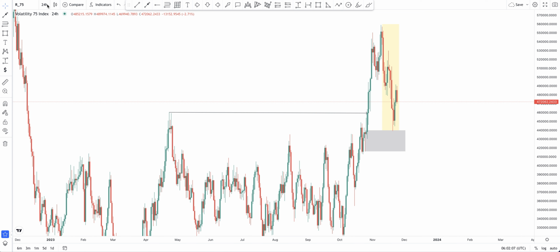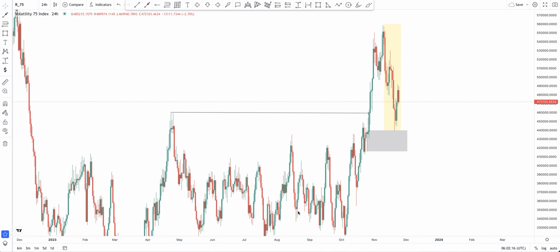But like I said, this is the daily time frame, so we need to move to the 4-hour time frame, or maybe the 1-hour time frame, or even lower, to look for an entry and also refine our zone. This is a very simple strategy for each and everyone to understand. So let's move straight to the 4-hour time frame.